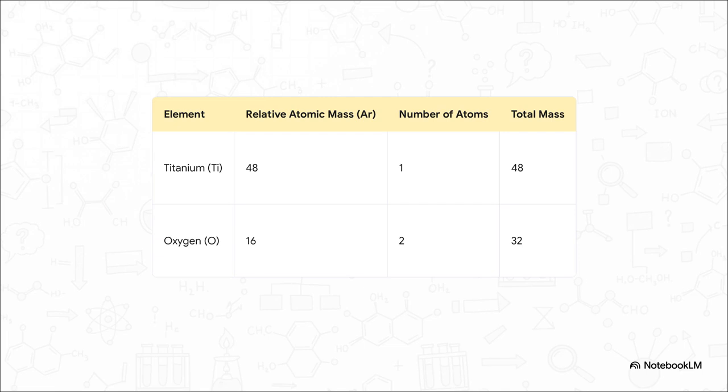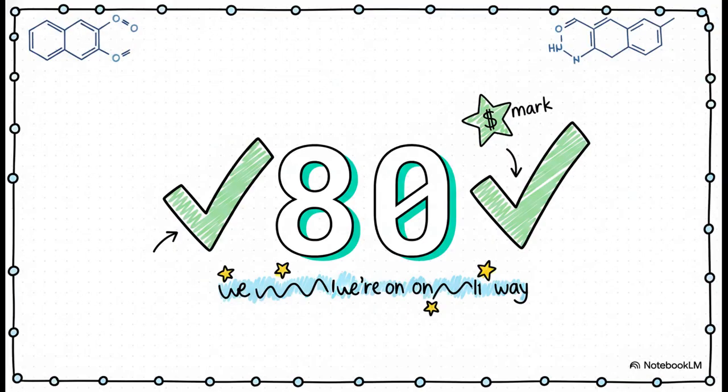The formula is TiO2, so that's 1 titanium and 2 oxygens. We just add them up, 48 plus 2 times 16, which is 48 plus 32, which gives us 80. And just for writing that number down, with the right working, you've already earned your first mark. Simple as that. We're off and running.